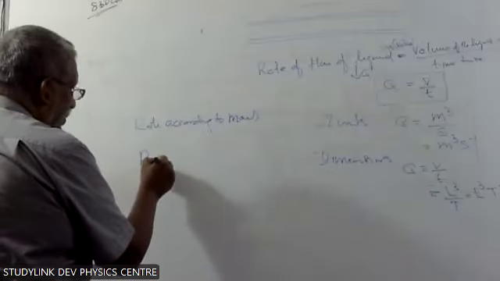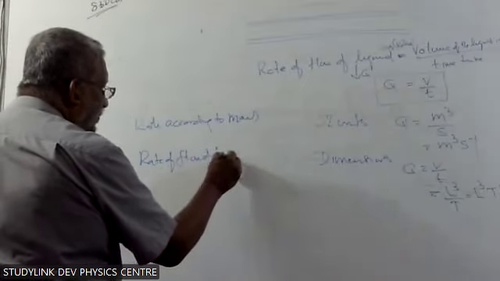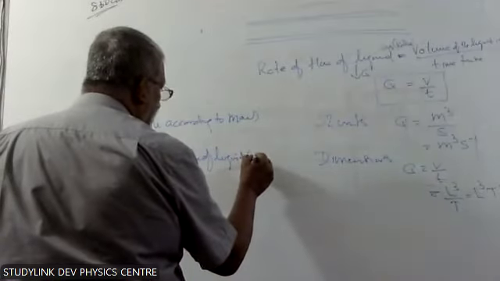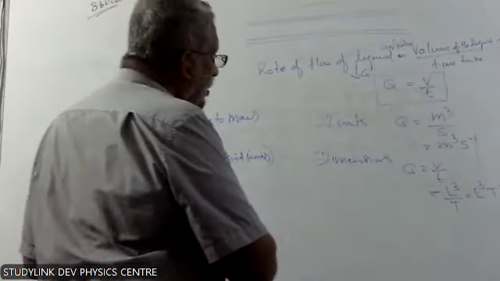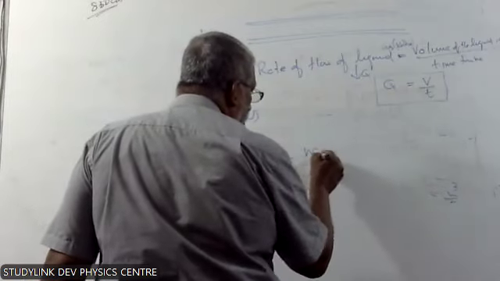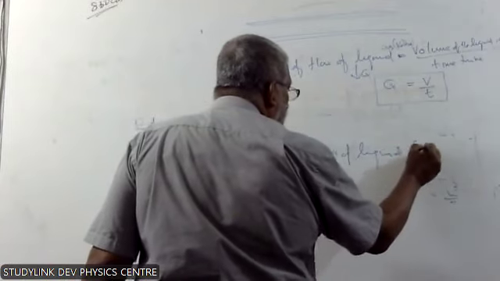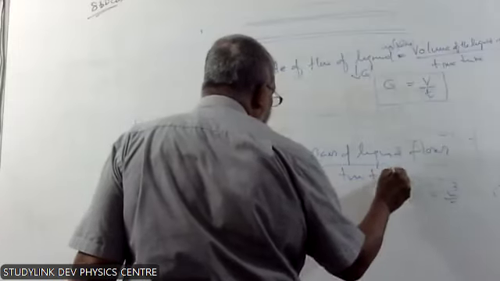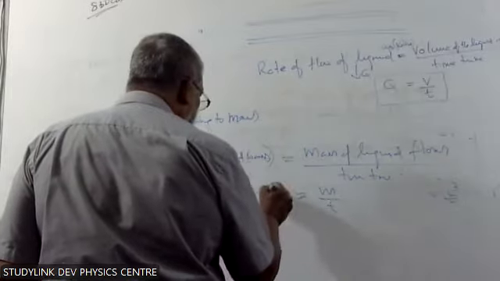The rate of flow of liquid according to mass is the mass of liquid that flows divided by the time taken, so M over T. This is rate Q dash.